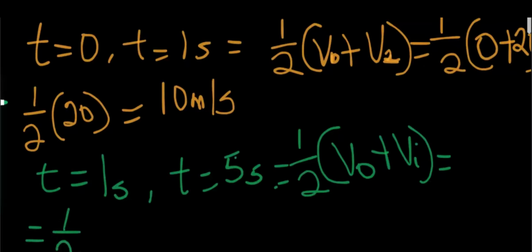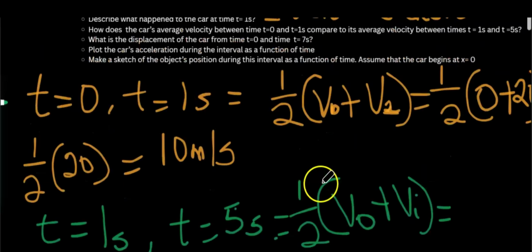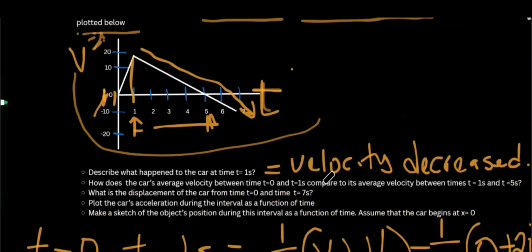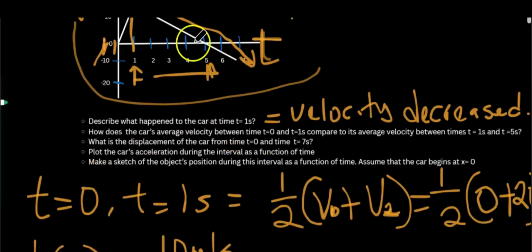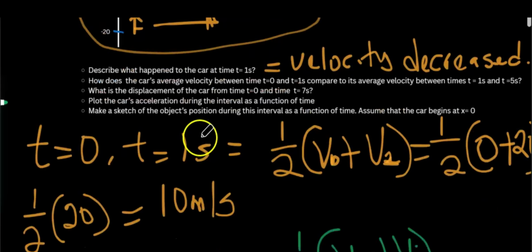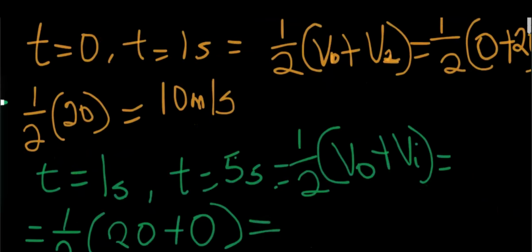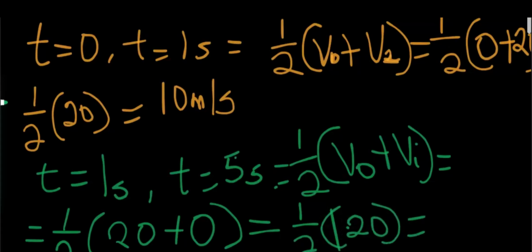Half of the initial velocity when t is 1 second, which is 20, plus the final velocity when t is 5 seconds, which is 0. So it will be 1 over 2 times 20, which gives us 10 meters per second.